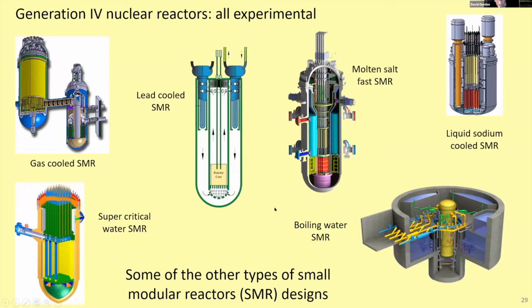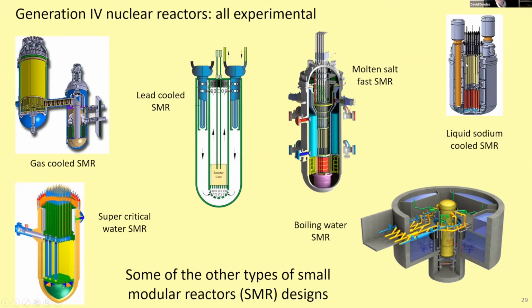And here are some examples of the small modular reactor designs. It's a gas-cooled reactor here. The lead-cooled, which we already mentioned. Molten salt, this is an interesting concept where you actually dissolve your uranium oxide in the molten salt, which could be just simple sodium chloride, ordinary salt.